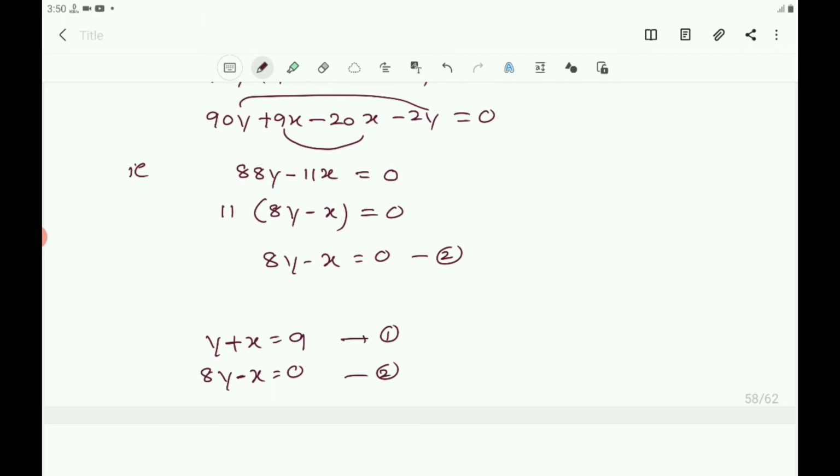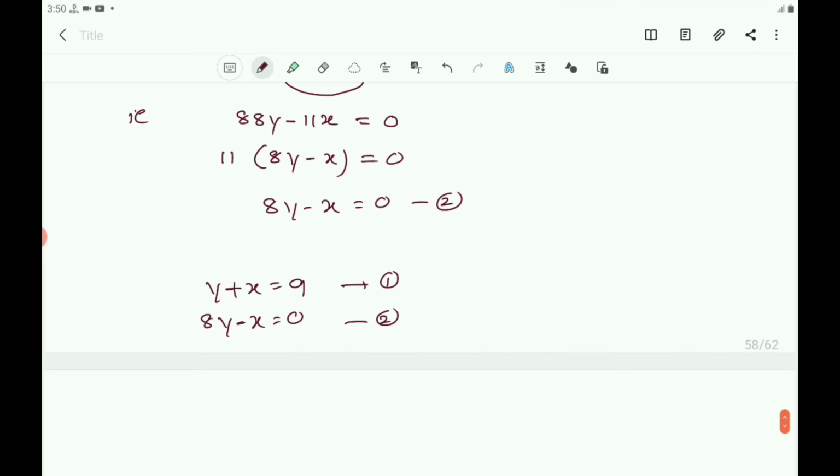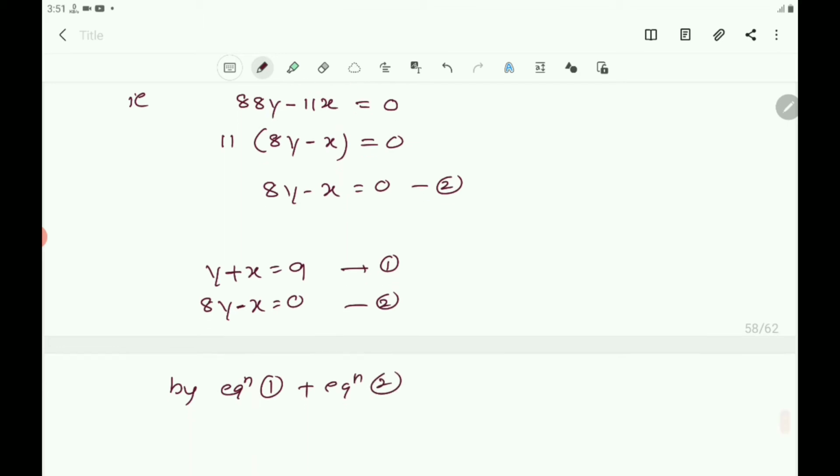Plus x minus x cancels. So by equation first plus equation second, you can eliminate the variable x. As they already have the same coefficient, there is no need to multiply the equations.